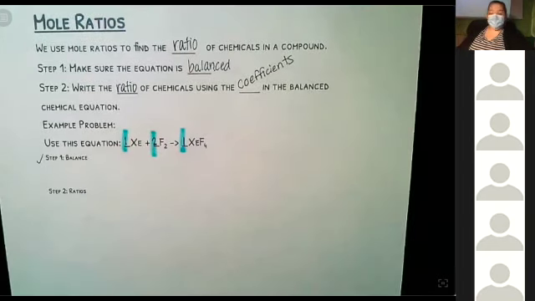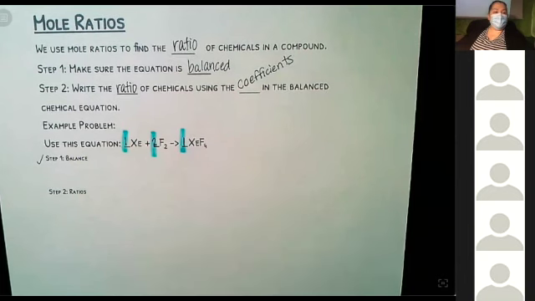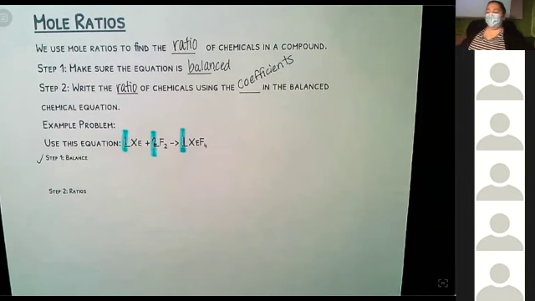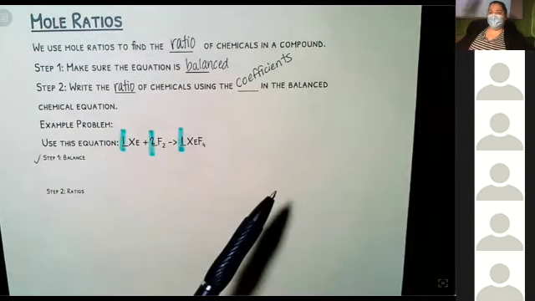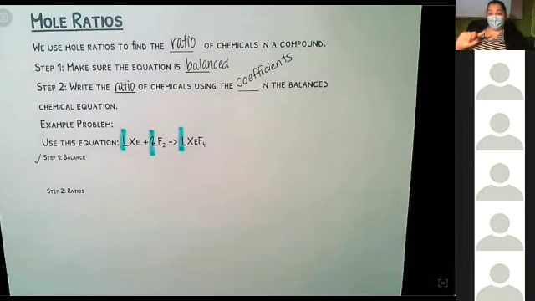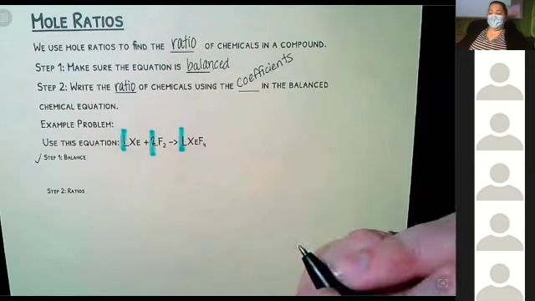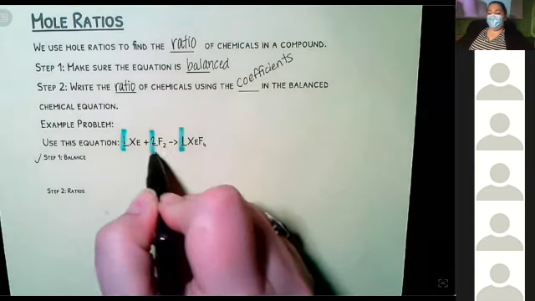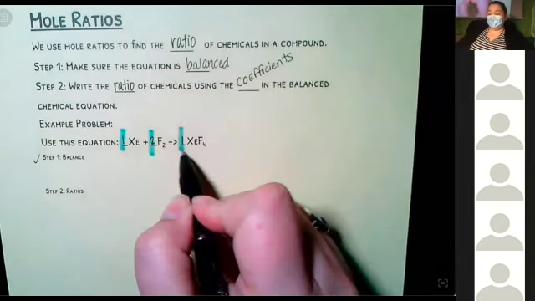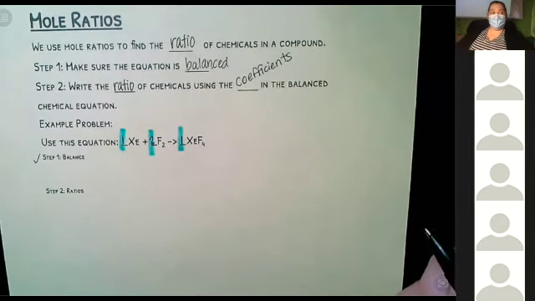No math. So here's what we're going to have to do for our ratios. We basically have to make a list where we compare each part to all the other parts. So this is what it looks like. So you need to write or type as I'm writing, okay? For our ratios, what we do is we just look at the coefficient, and that is the number of moles that we have of that substance.